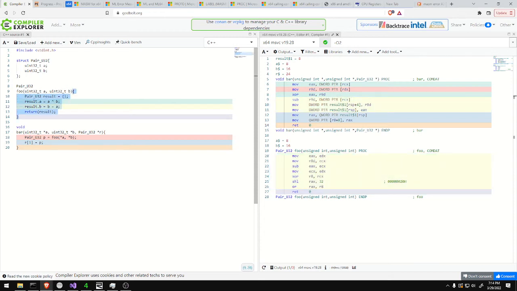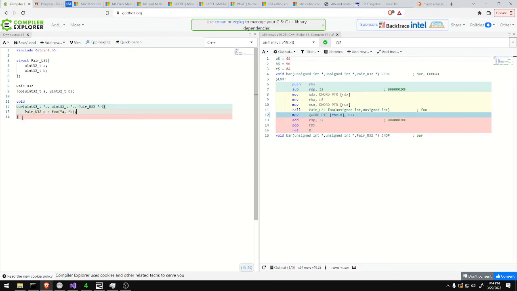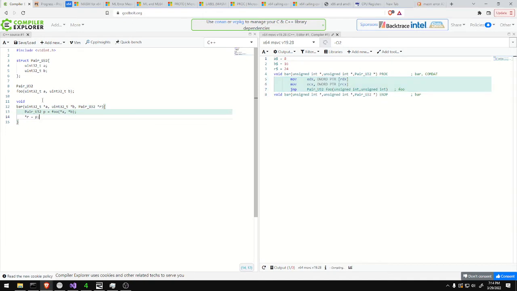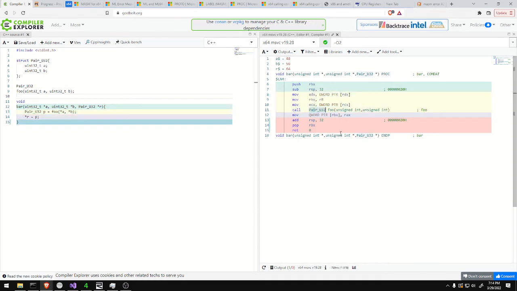I can't get it to generate code for something where I don't provide the... No, it does work. Okay, good. So here it's doing the call.